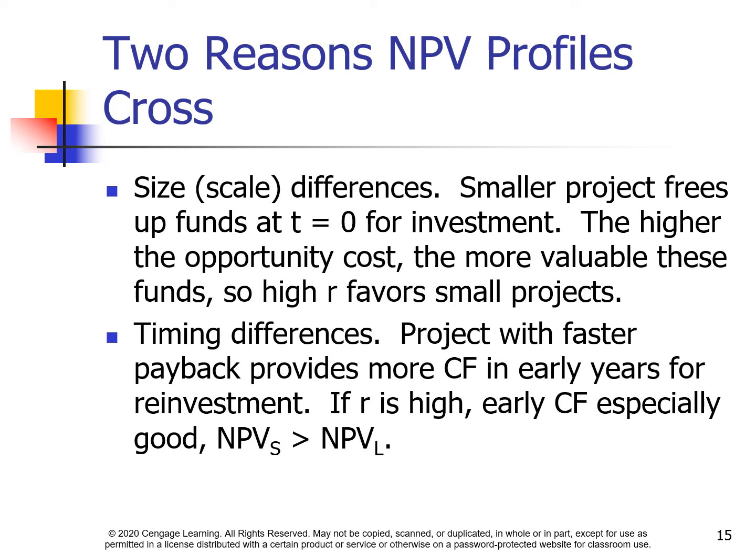So, a high required rate of return favors small projects. 2. Timing differences. A project with faster payback provides more cash flow in early years for reinvestment. If the required rate of return is high, early cash flow is especially good.